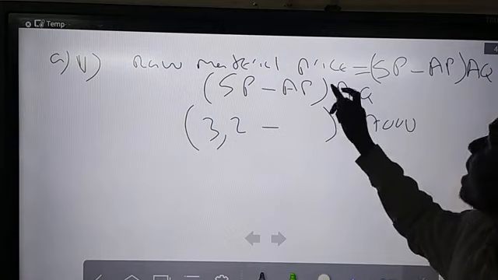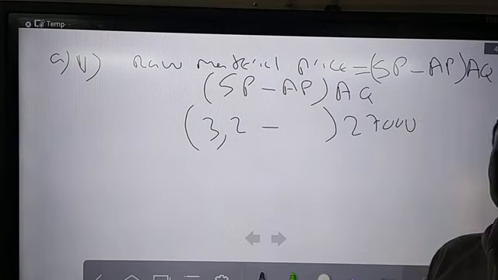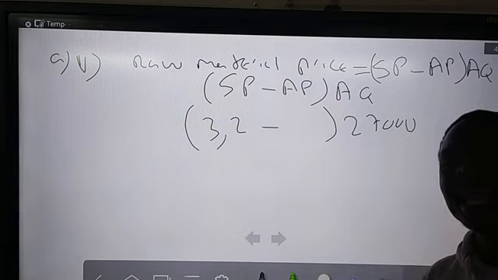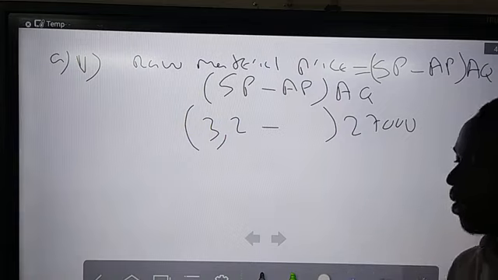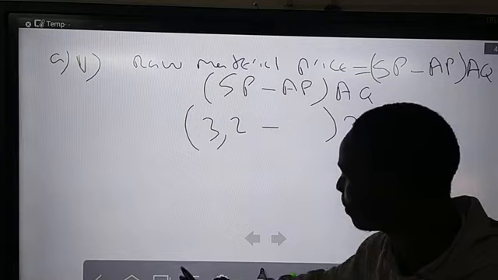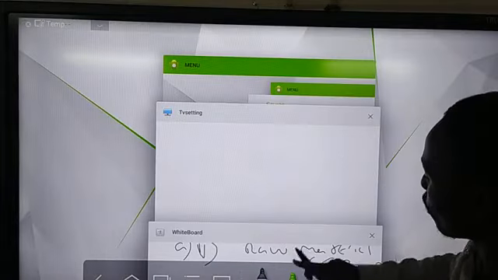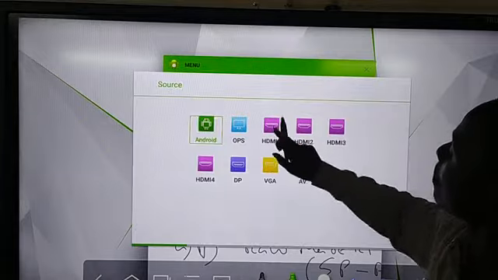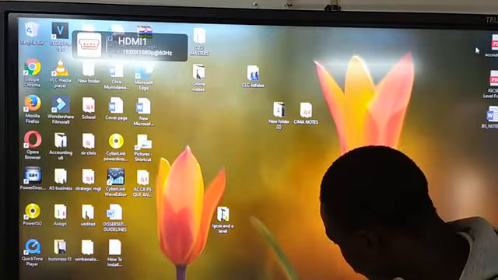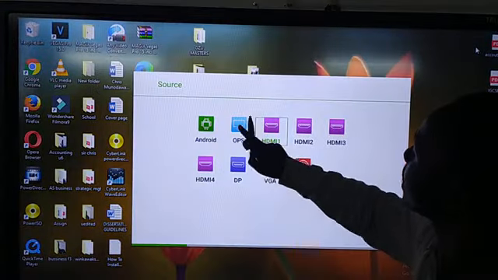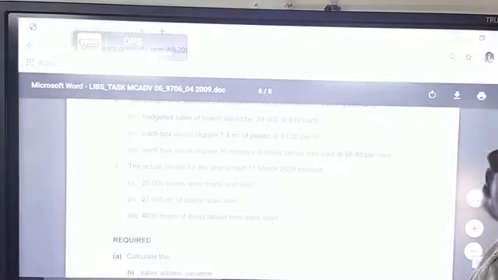Let's check from the question how we determine our actual price. This is the actual price paid per unit of material purchased. Let's go back to the question.